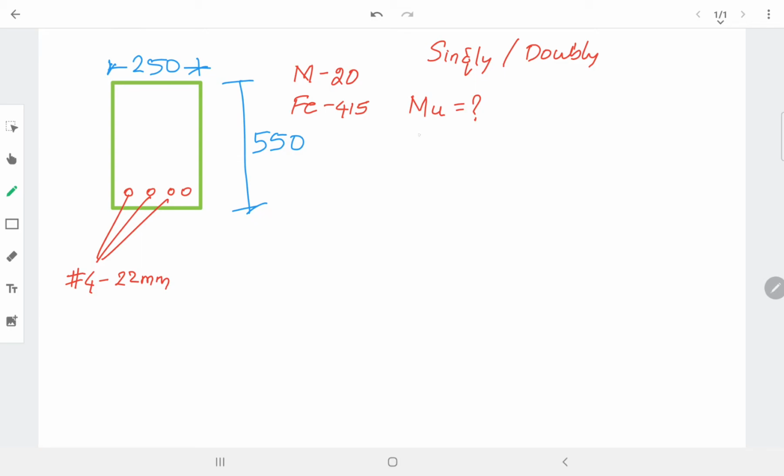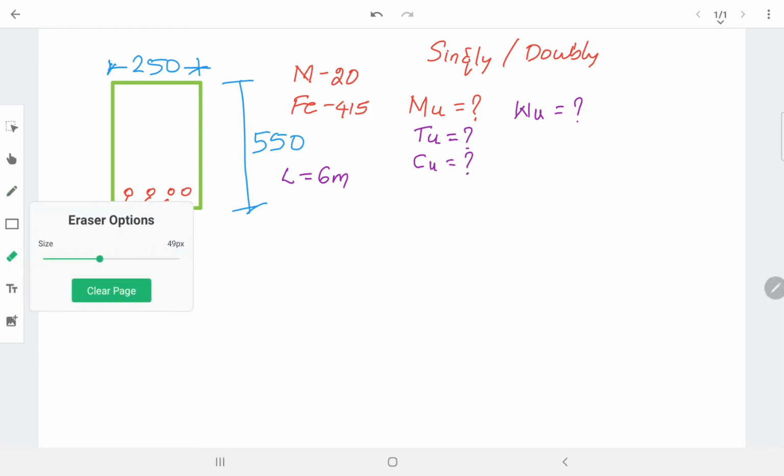Next, the tensile force carrying capacity of the beam, the compressive force carrying capacity of the beam, as well as the total load carried by the beam. He has also given the span of the beam, that is 6 meter. So using these things you can easily calculate.